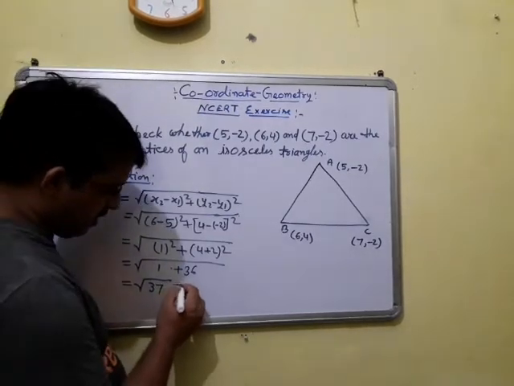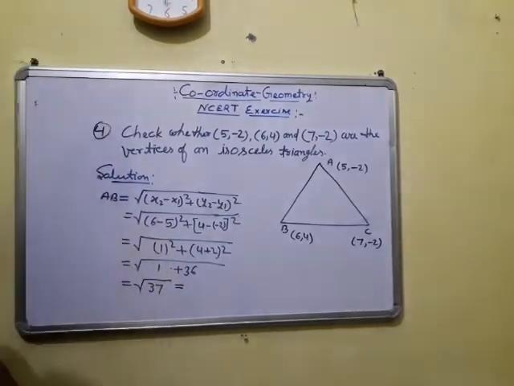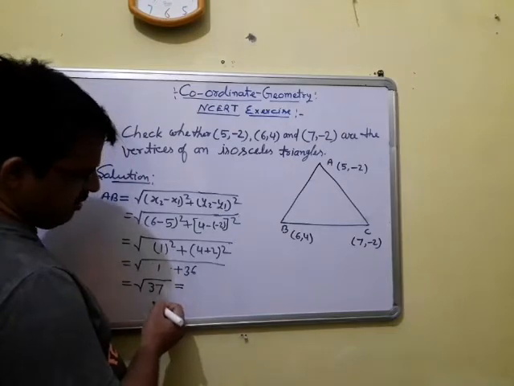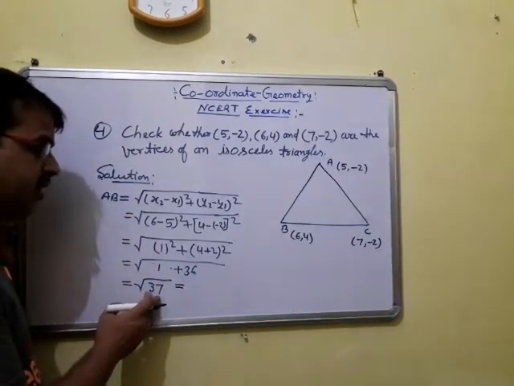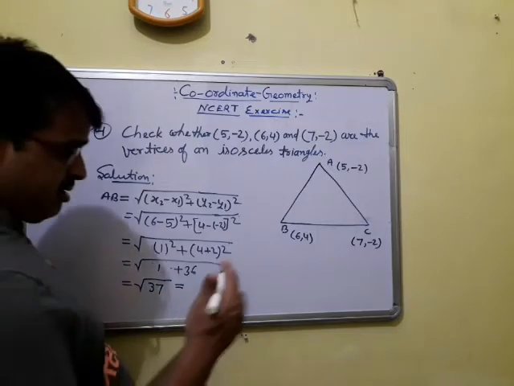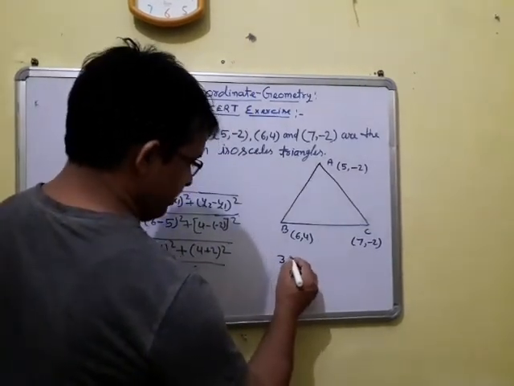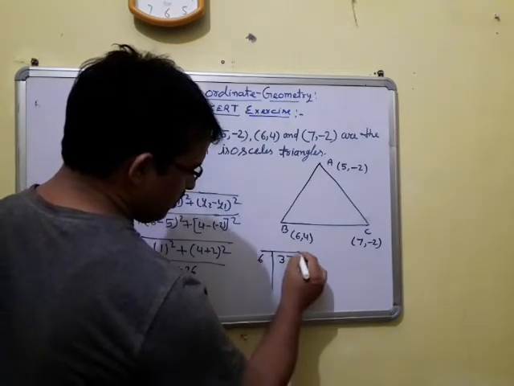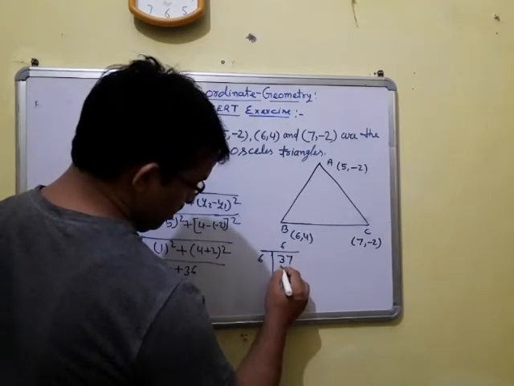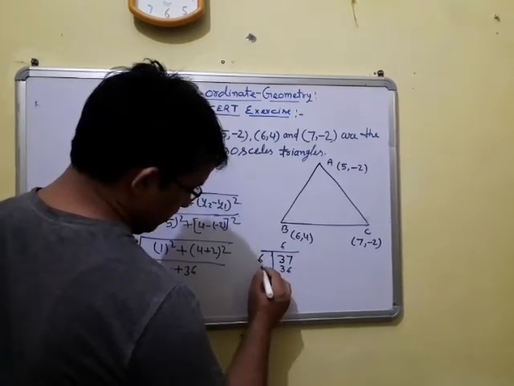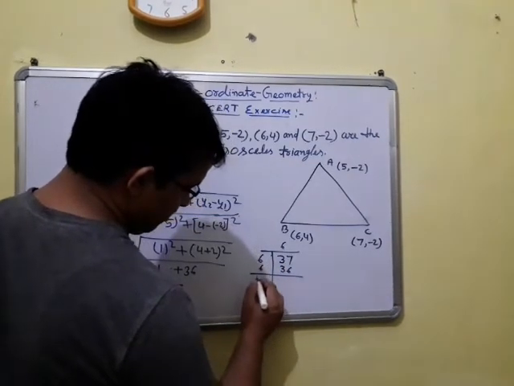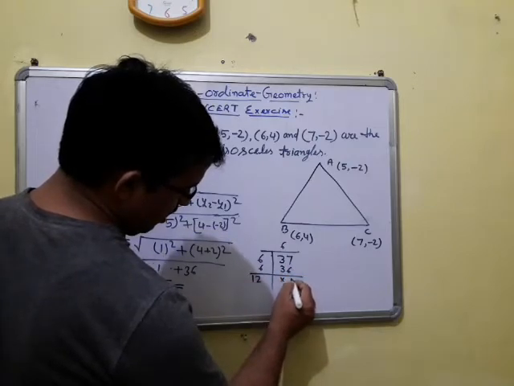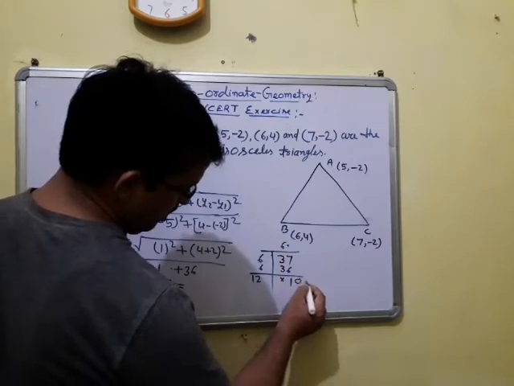Now find the value of this under root 37 using the division method. First we divide: 6 sixes are 36, and 6 add 6 gives 12. Put the point here, get 20.